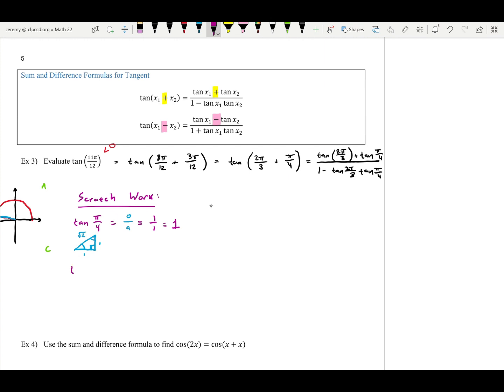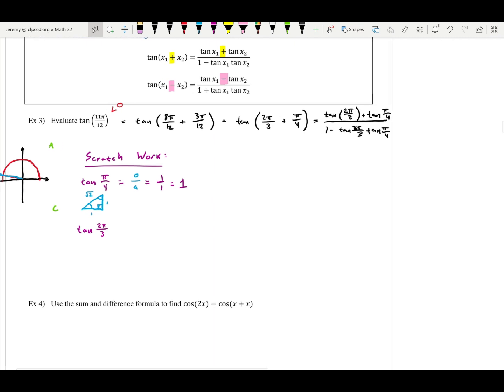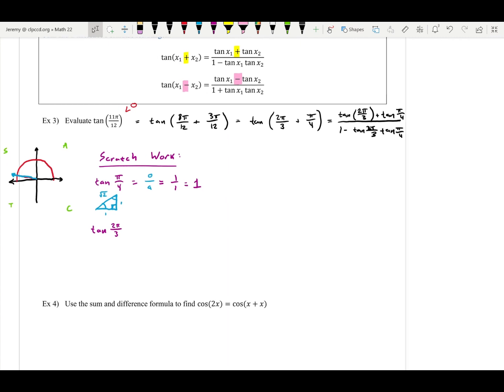How about tangent of 2 pi over 3? For this one, we could draw that angle real quick. 2 pi over 3 is right here.